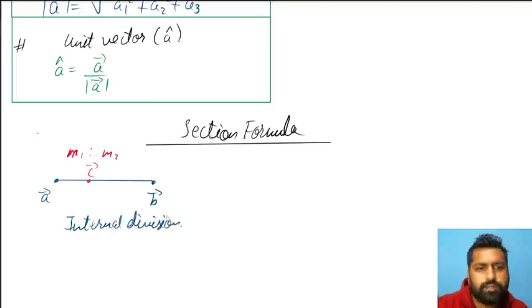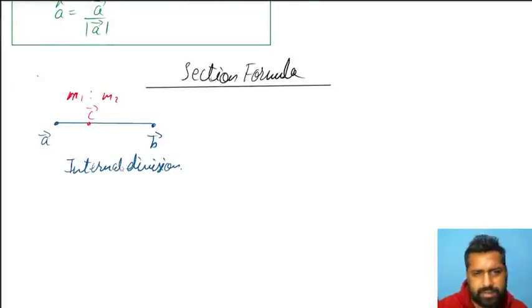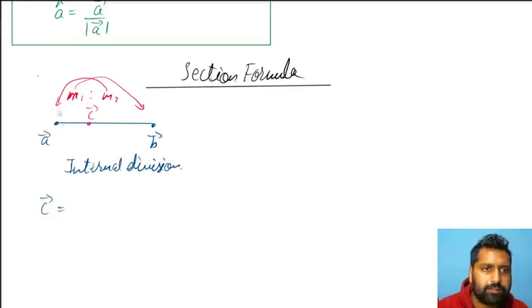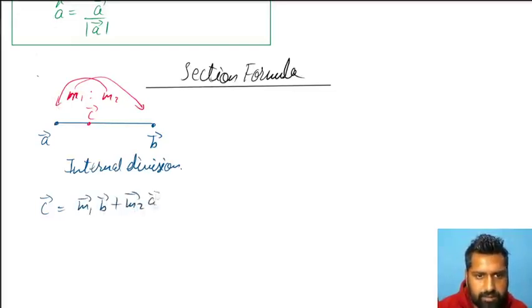In the case of internal division, the formula is pretty much the same as the section formula you must have studied. The C vector is given by multiplying these ratios like this. M1 will be multiplied with this, M2 will be multiplied like this. So C vector will be given by M1 multiplied by B vector plus M2 multiplied by A vector upon, sorry, I have written M1 vector.